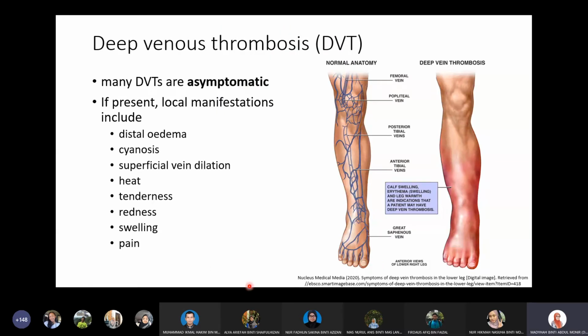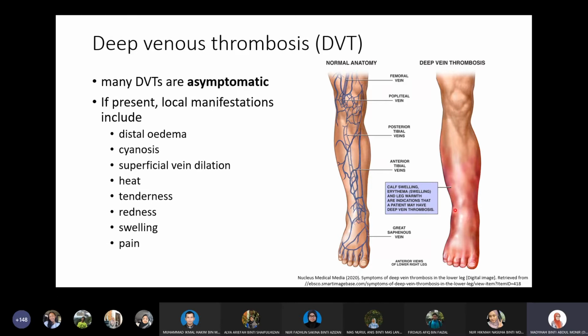So now we go to the more specific disorder, deep venous thrombosis or DVT. Most DVT are asymptomatic, they have no symptoms, but if it presents, they have local manifestations at the lower limb. They have edema, sometimes cyanosis, but usually they come with erythema.